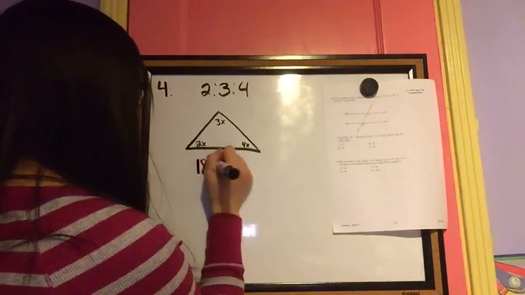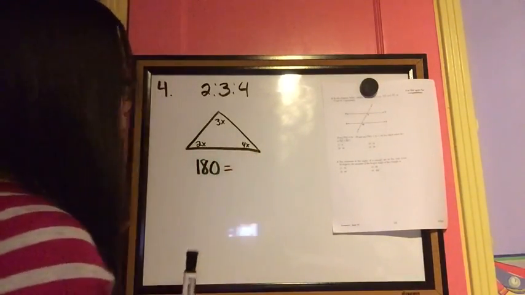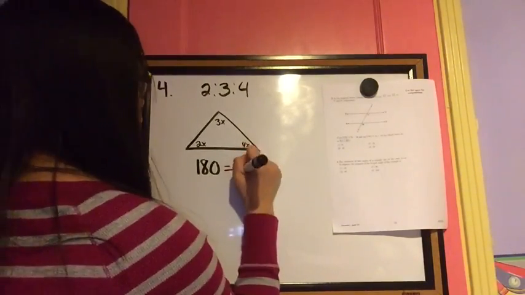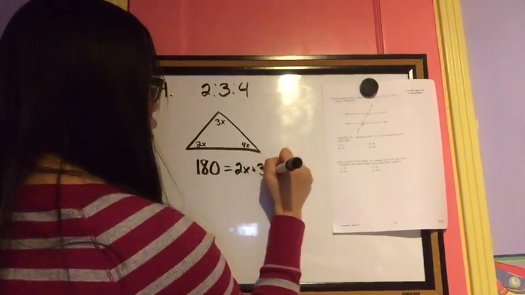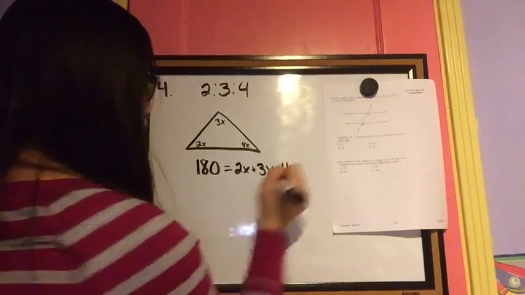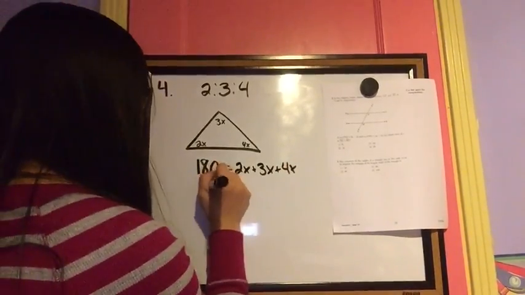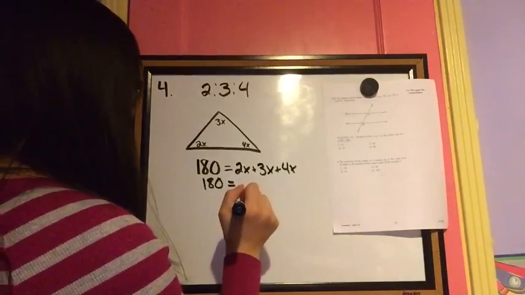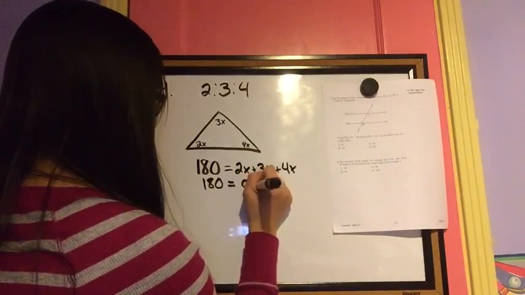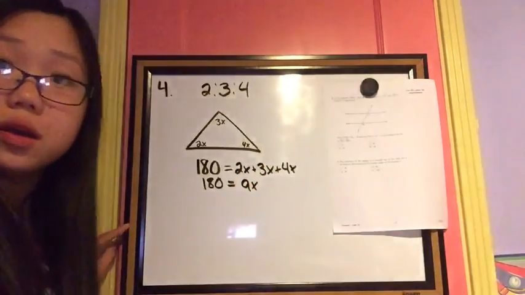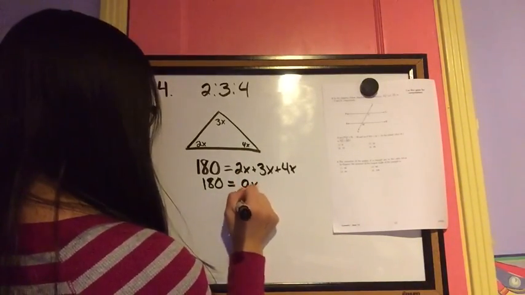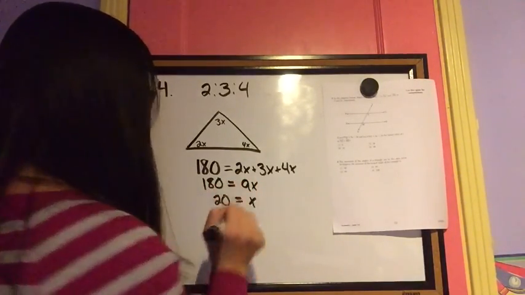So 180 equals all the triangle's angles added together. So that would be 2x plus 3x plus 4x. So 180 is equal to 9x. So that would mean x is equal to 20.